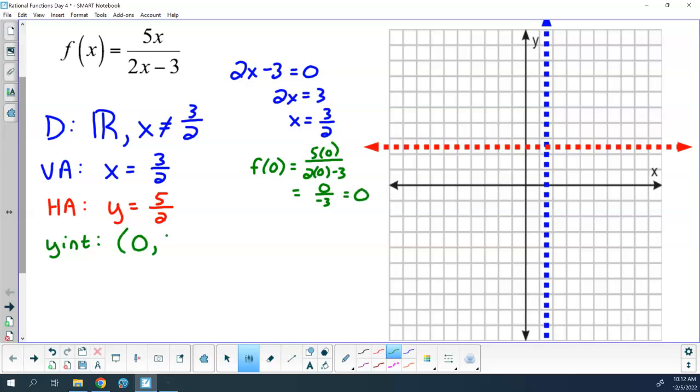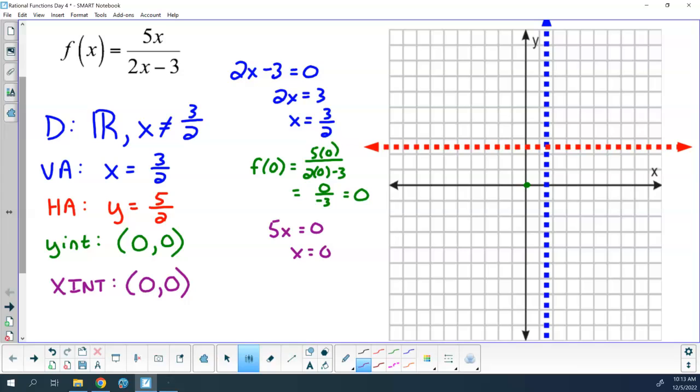So the origin is my y-intercept. Step number 4. X-intercept. How do I find my x-intercept? So that's also going to be the origin.